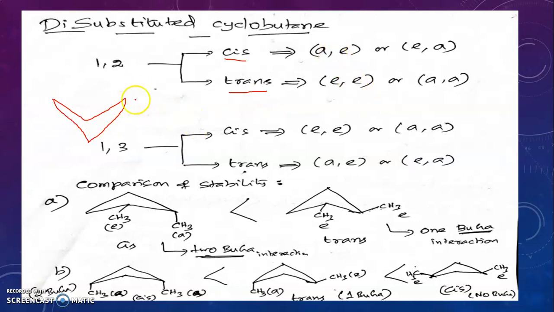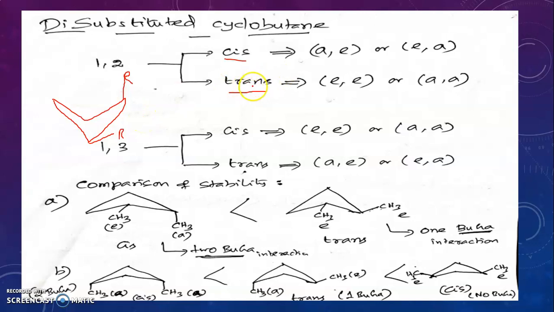Suppose I put one substituent, some group R, in axial position, and on the second carbon I put another substituent in equatorial manner. So this is the second R in equatorial position, and this will give you the cis isomer.